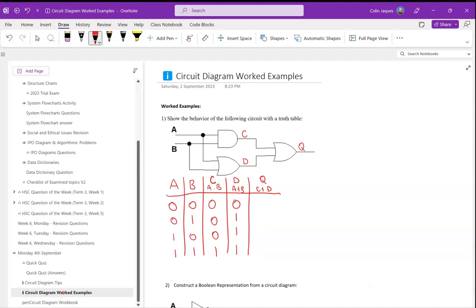Then to do our final column, we're now concerned with C and D. With an OR gate, as soon as you have an input on, the output must be on. And so that is the final answer for number 1.